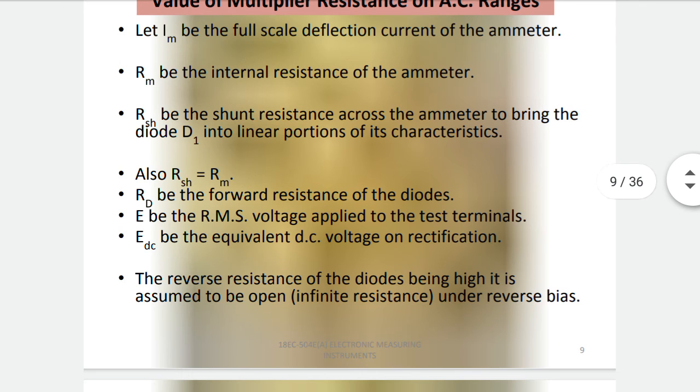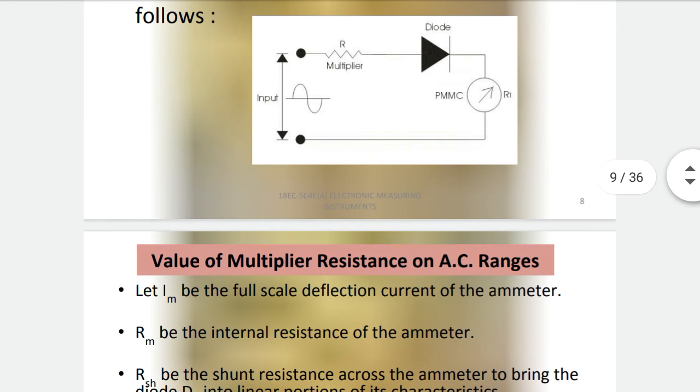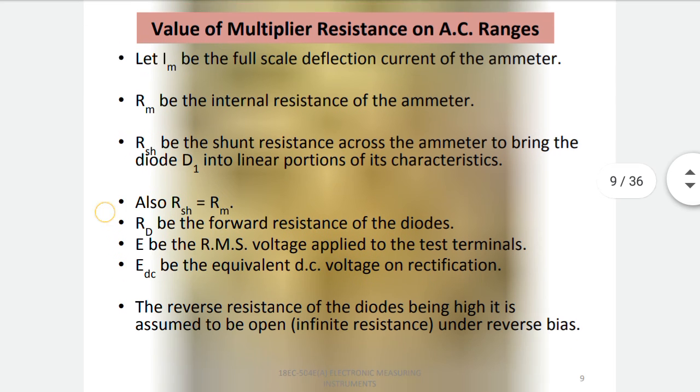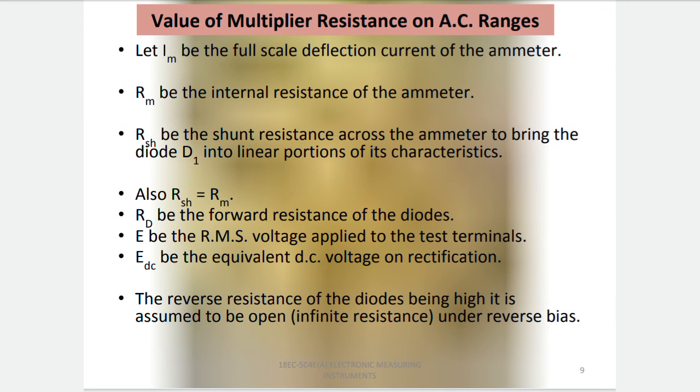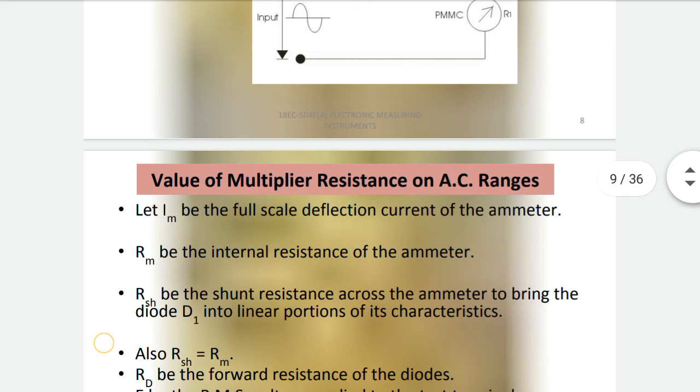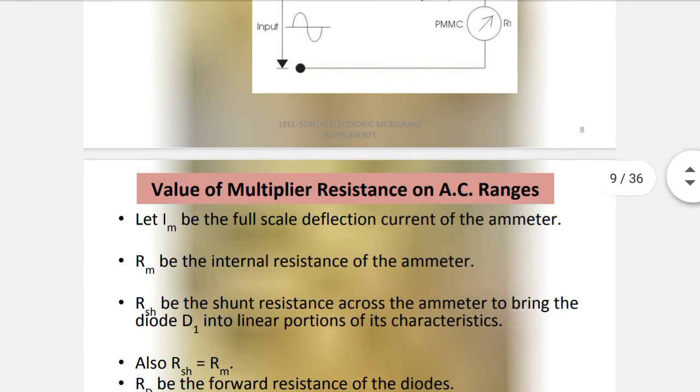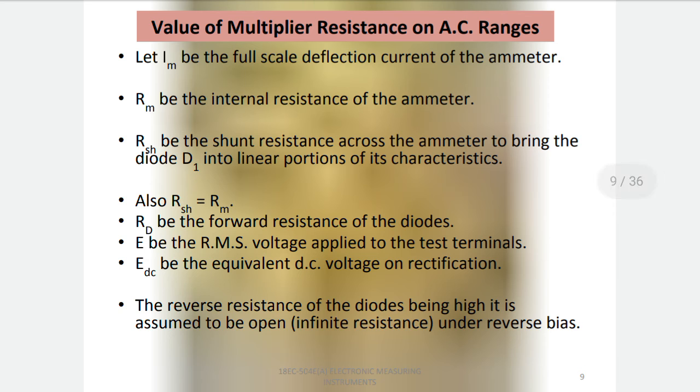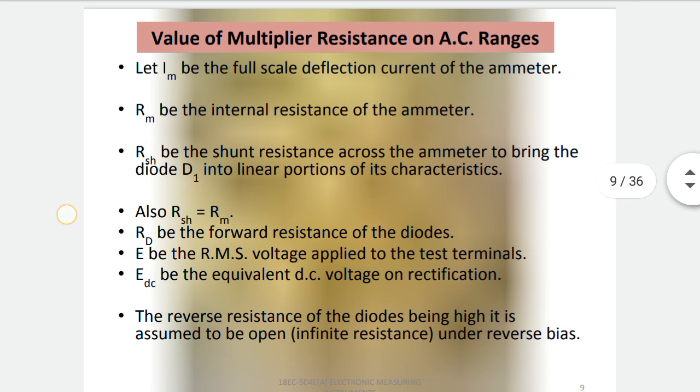Also here RSH is equal to Rm, that means the shunt resistance is equal to the meter internal resistance, and RD is the forward resistance of the diode. E, capital E, is the RMS voltage applied to the test terminals, that is the input voltage. And EDC is the equivalent DC voltage on rectification.